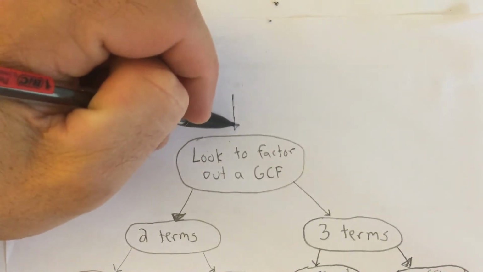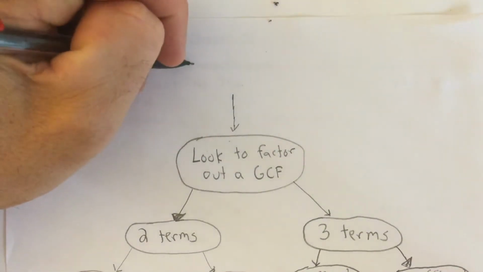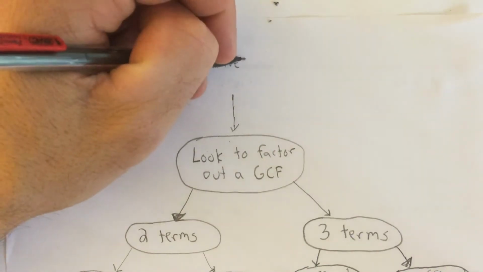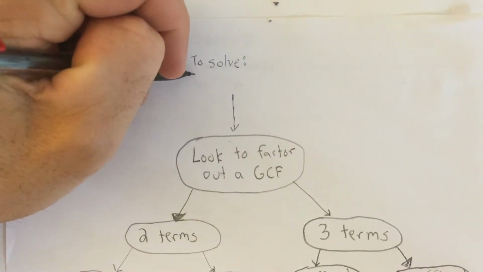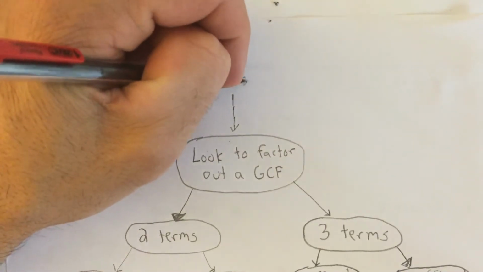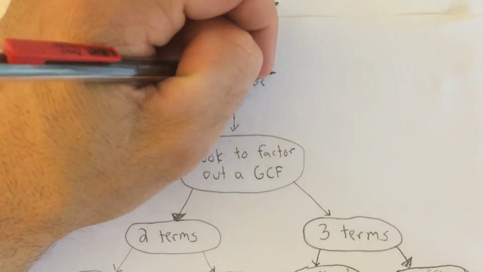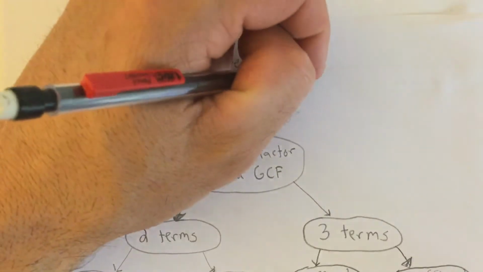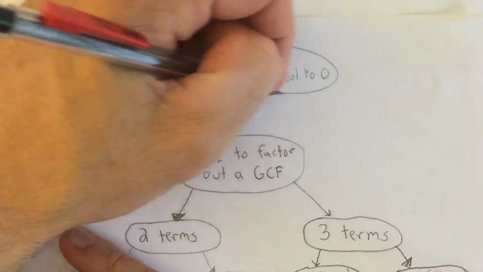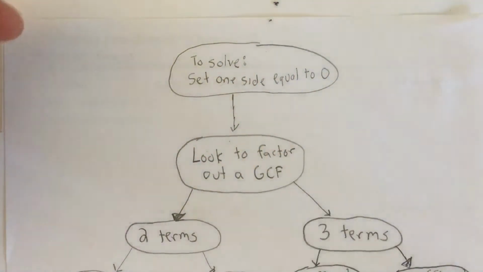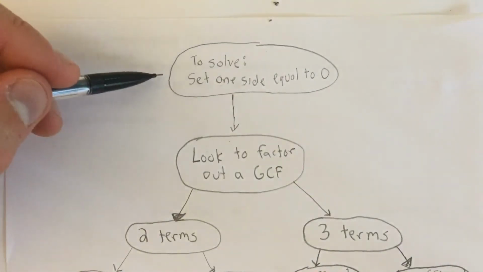So we're going to make an arrow and then we'll say to solve, set one side equal to 0.